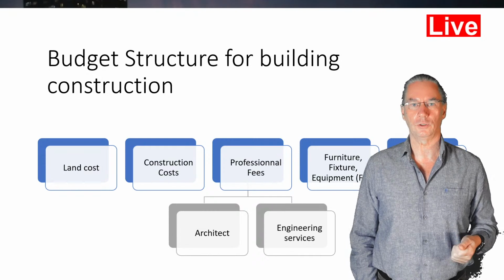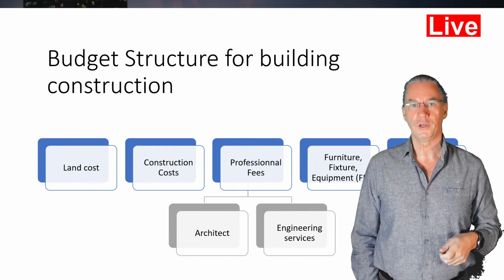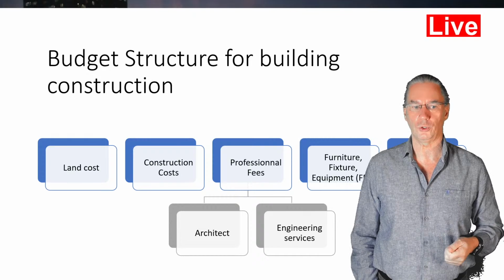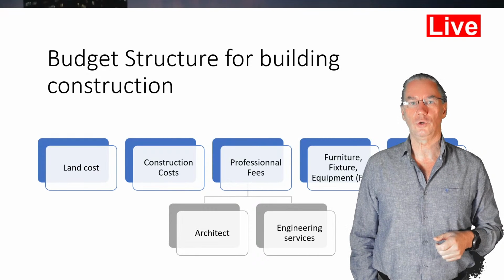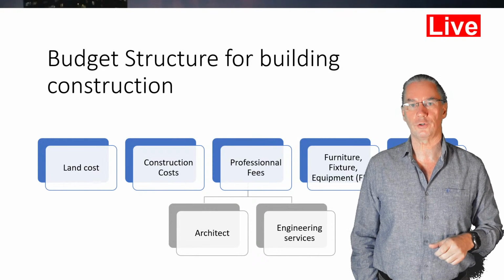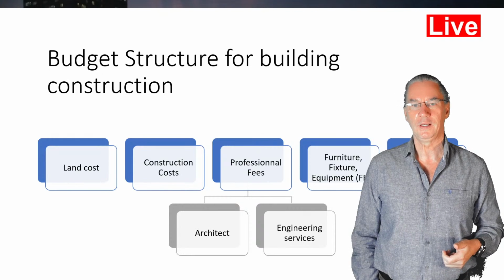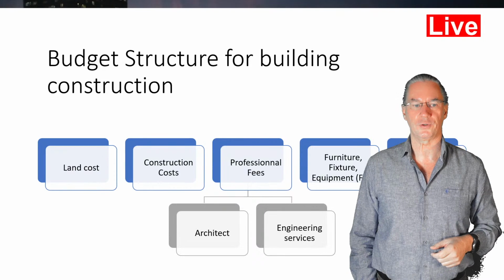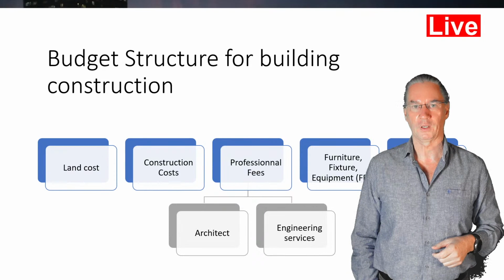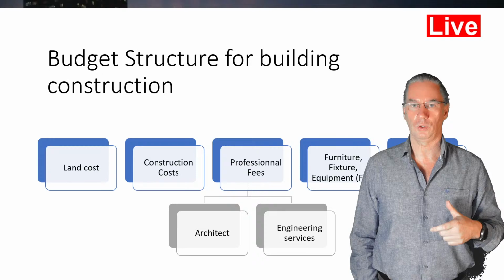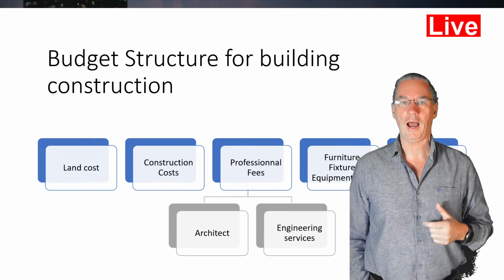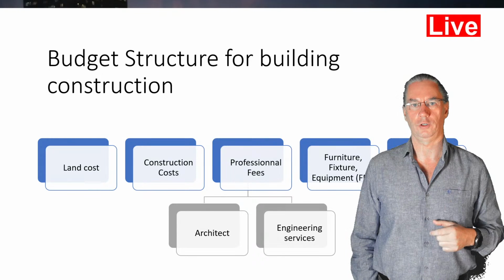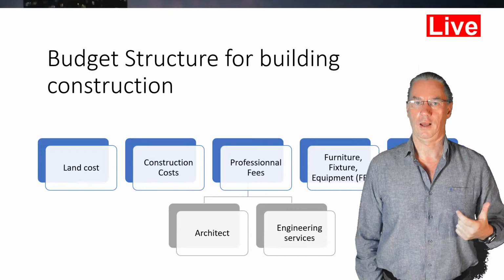Into this you can include the architect and the civil engineers who do their work. After that you have costs for furniture, fixtures and equipment. And in the end there is contingency, those reserves that are available. So I wanted to give you a view on how you can structure a budget for a building.